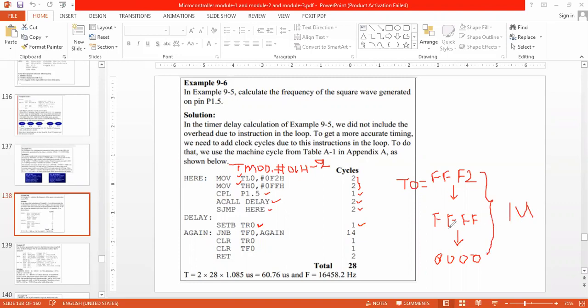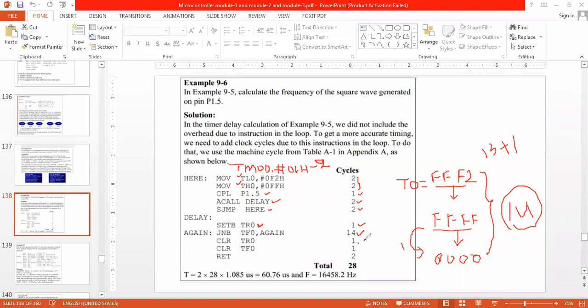How do I come to know that? Maximum number minus initial value, FFFF minus FFF2, so that is 13. Plus 1 for the rollover, so 13 plus 1. So total it is 14. That is why 14 is written up here.